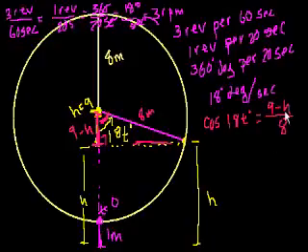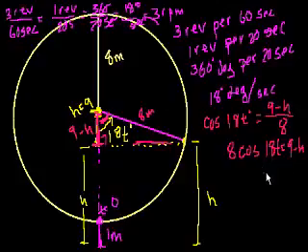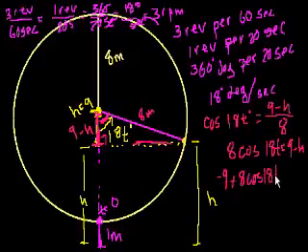And now we can solve for h, and we'll have h as a function of t. So if you multiply both sides by 8, you get 8 cosine of 18t is equal to 9 minus h. Maybe we could subtract 9 from both sides. So we get minus 9 plus 8 cosine of 18t is equal to minus h. And then multiply both sides by negative 1.